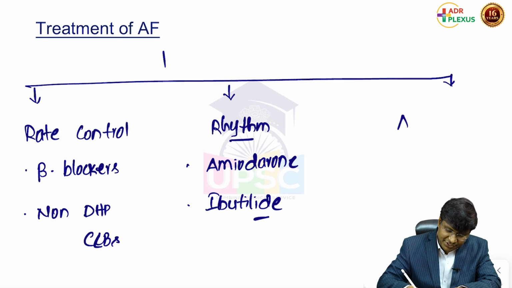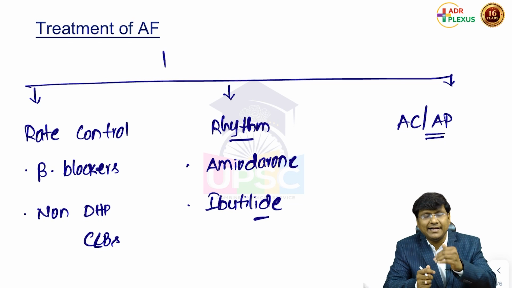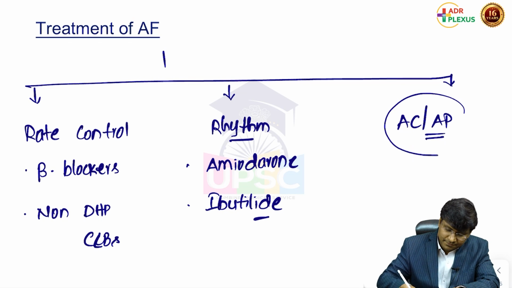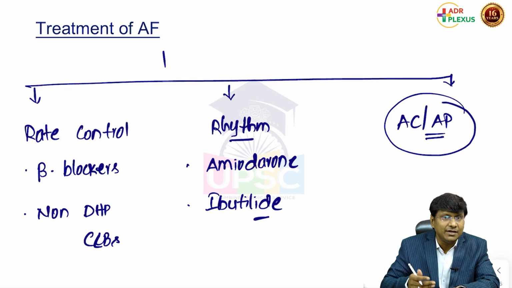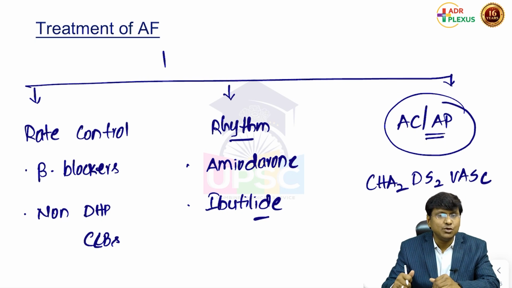Then these patients will require anticoagulants or antiplatelets. Whether to give anticoagulants or antiplatelets, you need to calculate the CHA2DS2-VASc scoring system. I'll tell you what this is.